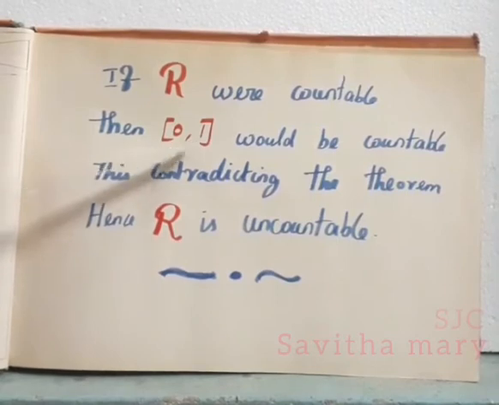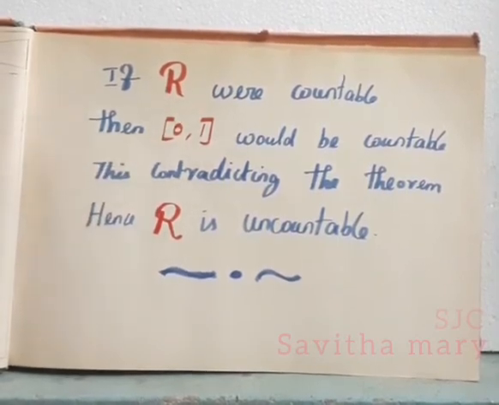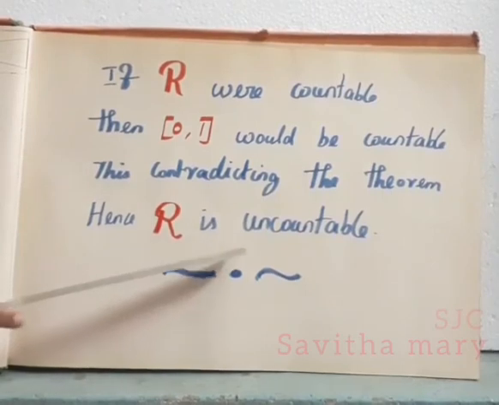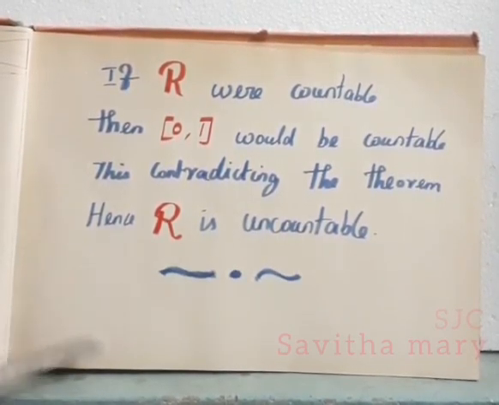But this is a contradiction to the theorem. Therefore, the real numbers must be uncountable. By the theorem, the real numbers are uncountable. So we proved the theorem.